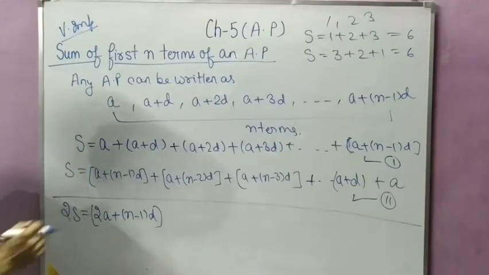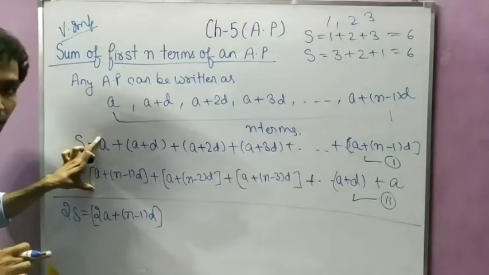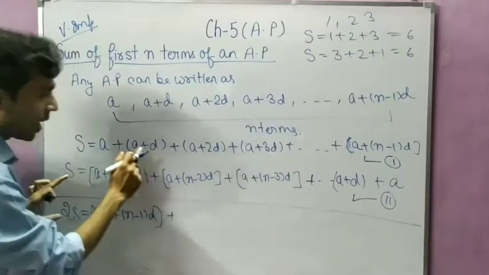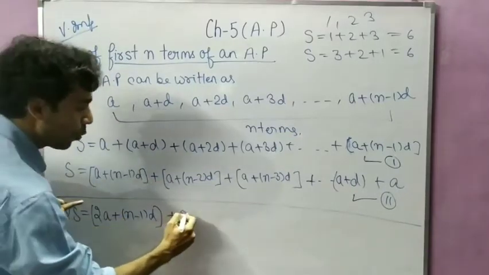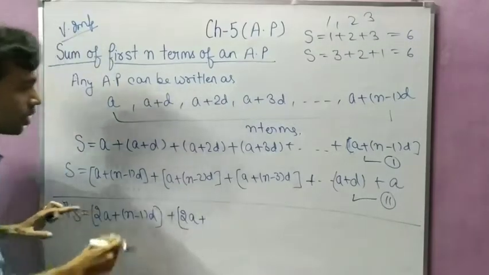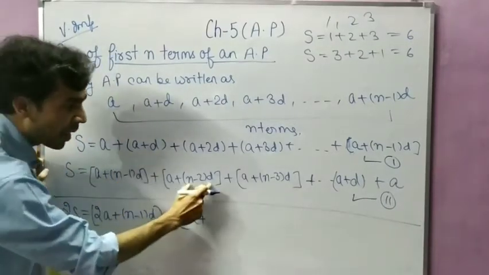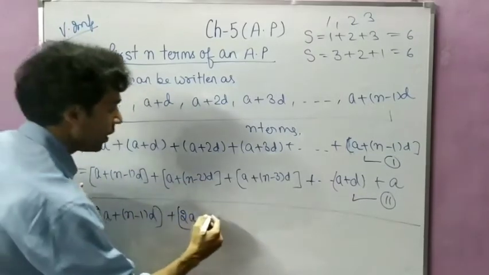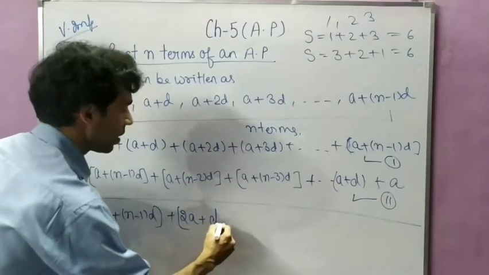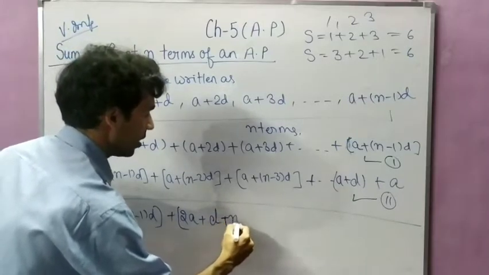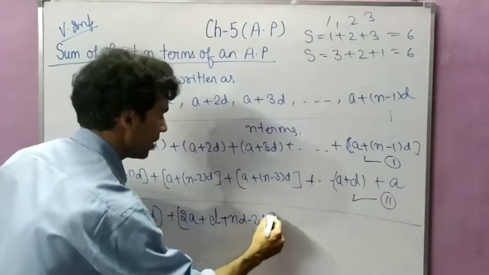Now students see, this term is added to this term. Again a plus a will become 2a, and here is d, and when this bracket opens, d plus n minus 2 d will come.